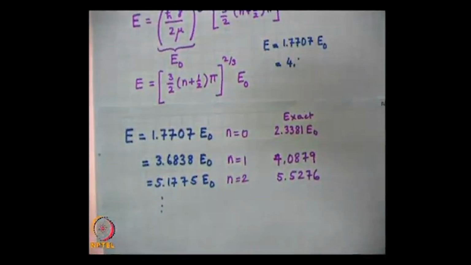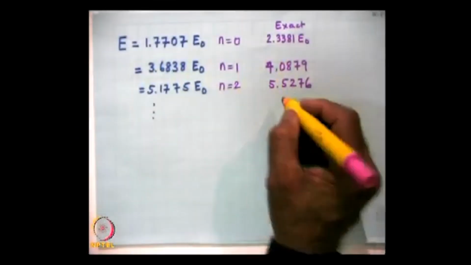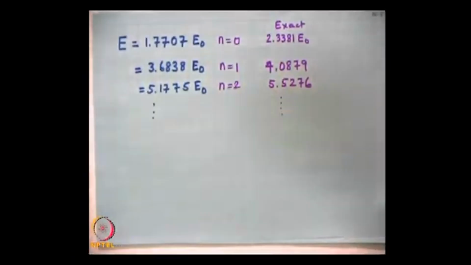So, you see that for the linear harmonic oscillator problem, we were fortunate to get very good results. But here, if you compare these two sets of numbers, the agreement is not very good.